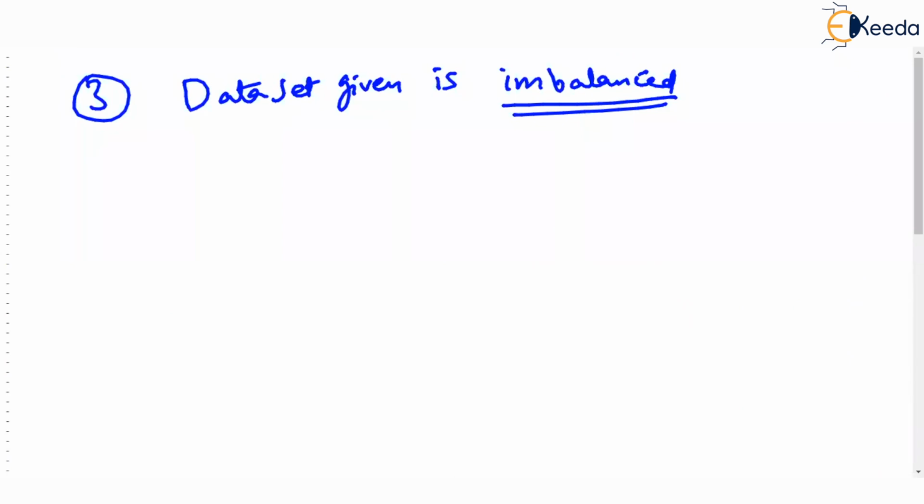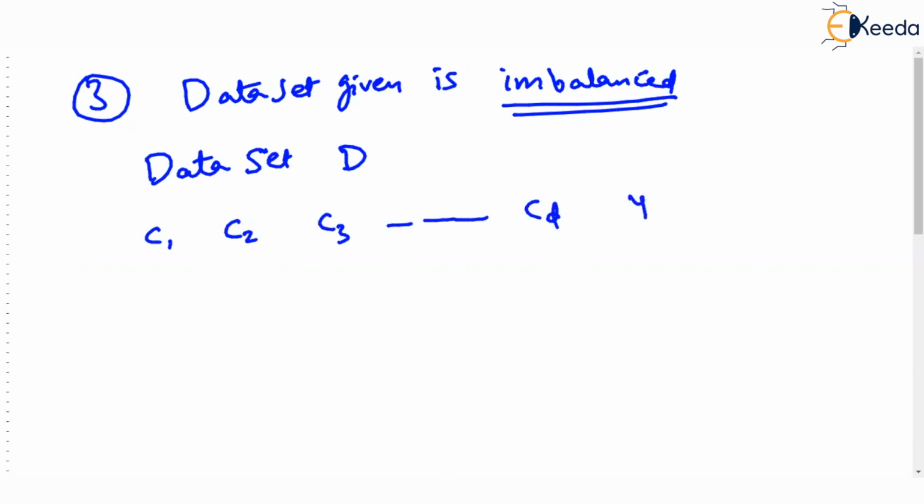For this, imagine the data set is D. This data set has, let's say, C1, C2, C3 up to CD columns, and there is an output label Y. And there are only 2 classes, 0 or 1. So the output can be either 0 or 1.